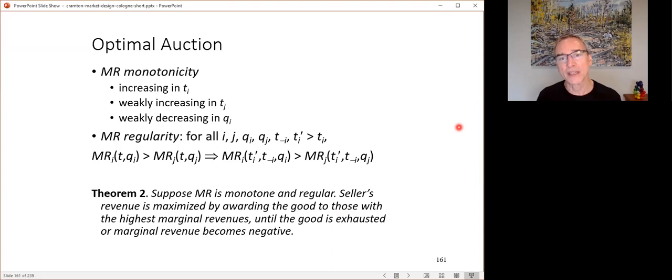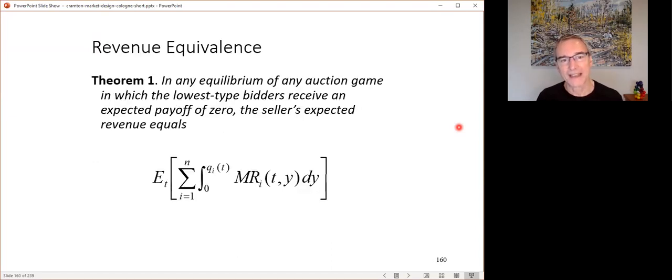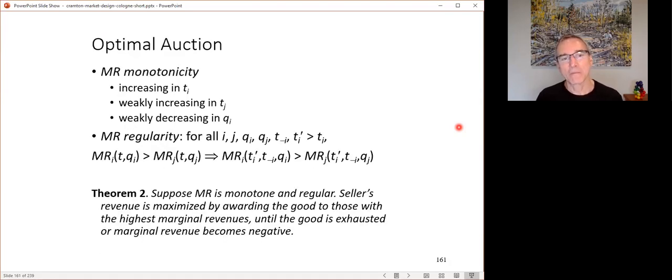All I need to assume is independent types and quasi-linear utility, and then monotonicity and regularity of, first, the marginal value function for revenue equivalence, and second, monotonicity and regularity of marginal revenue for the optimal auction.